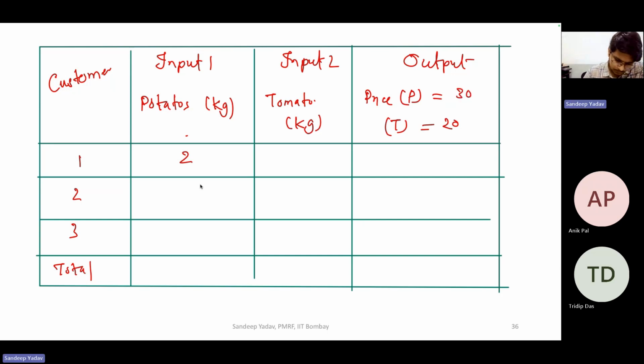So if you complete this table, this is 1, 2, 5, and the total is 8. Here the total is 5. And if we total here, that's 30 into 2 plus 20 into 1, which is 80. Similarly here 190, and the total is 340 rupees.